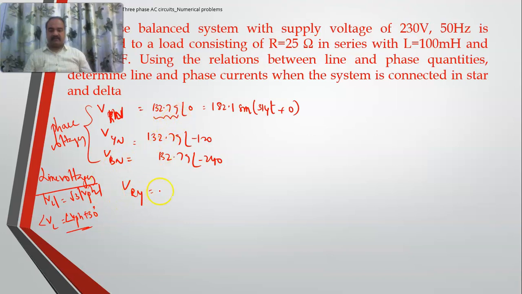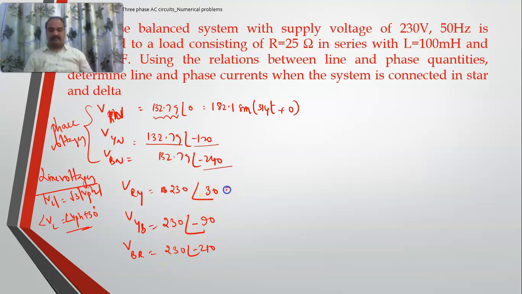So 132.79 into root 3 is 230. The angle should be added by 30. Similarly, here also into root 3 it is 230, and the angle plus 30 means it will become minus 90. Again 230, and the angle plus 30 gives the next one.